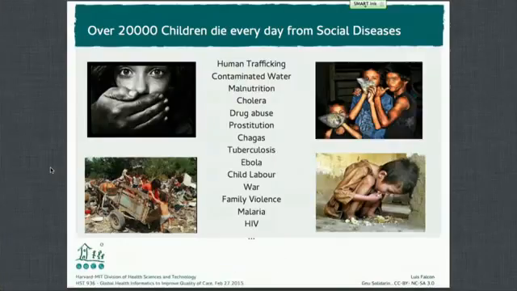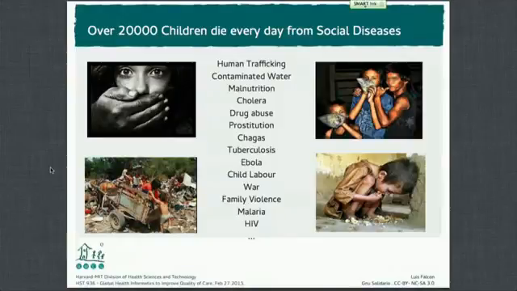So let's talk about social medicine. If we see the numbers that we are running today, over 1 soccer stadium of dead children every day. And these kids are dying, most of them, from social diseases.